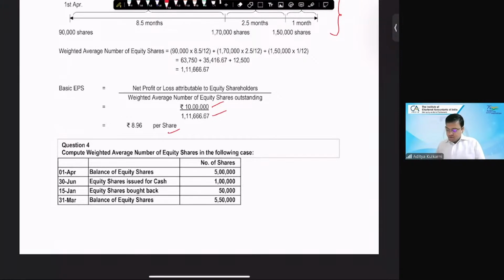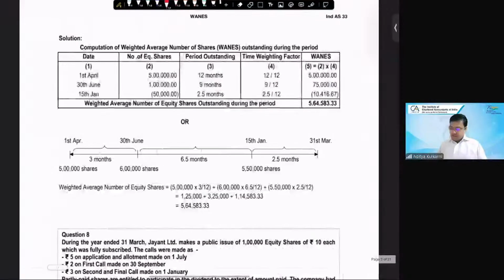Question number 4. Compute weighted average number in the following case. Balance of equity shares 5 lakhs. Equity shares issued for cash 1 lakh. Bought back 50,000. Closing balance is 5 lakh 50,000. So very simple. Again, we have done both the methods.